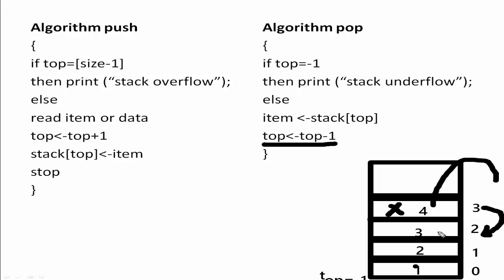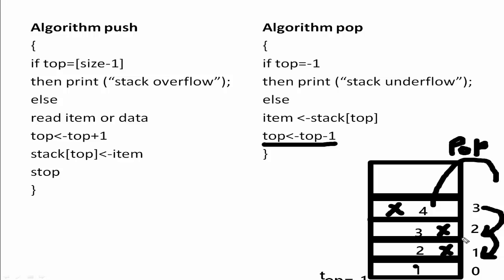So now the value at 2 is 3. So the value 3 will be popped out. Next, again it will be decremented to 1. So now the value 2 will be popped out. Here we are going to perform the pop operation. So we have popped and it has reached 0. So here we are going to check whether the item is pointed to by the stack top.